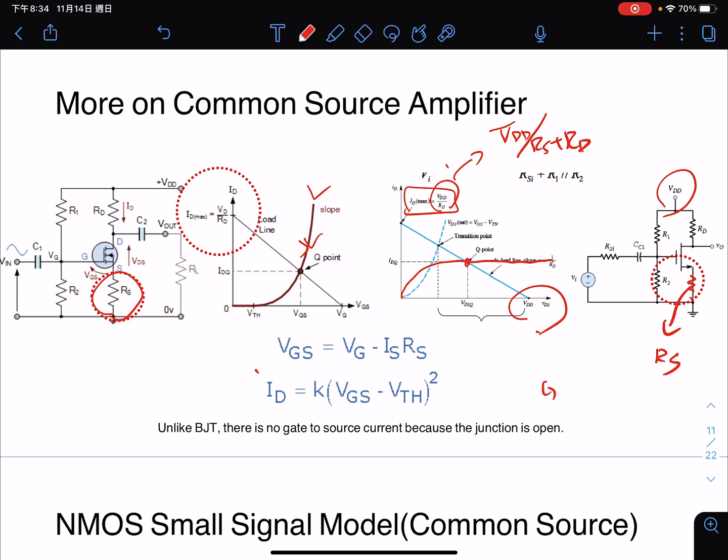So be careful whether there's RS or not. Okay, I will show you an example later by solving the Q point, so that you can know how to calculate the operating point of the N-channel MOSFET later.